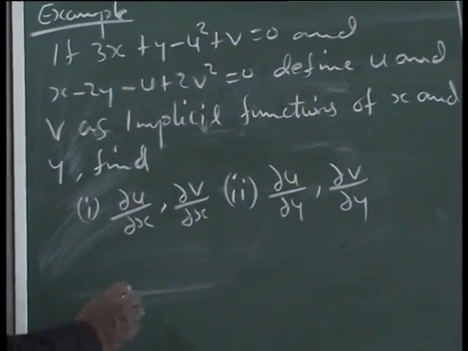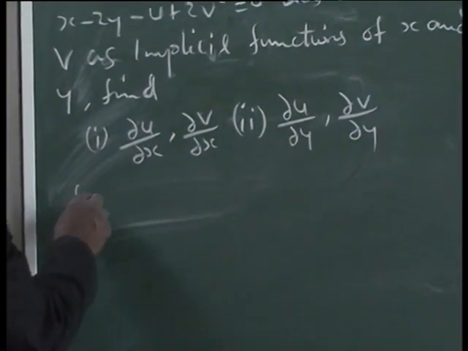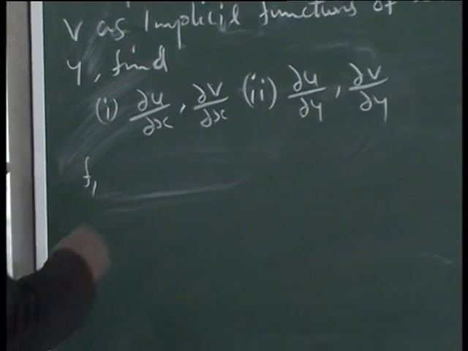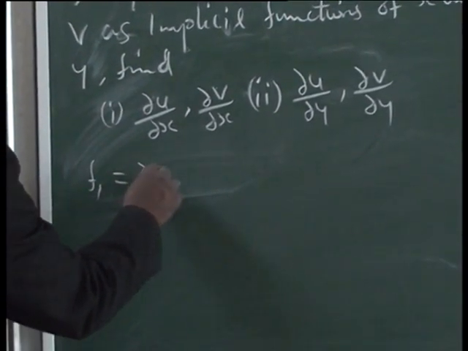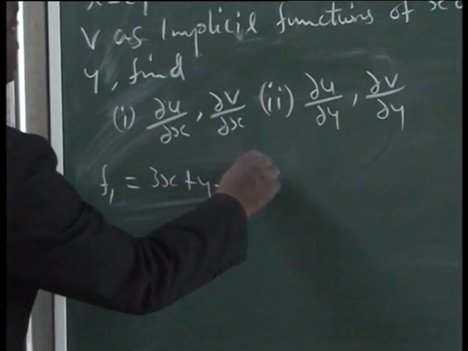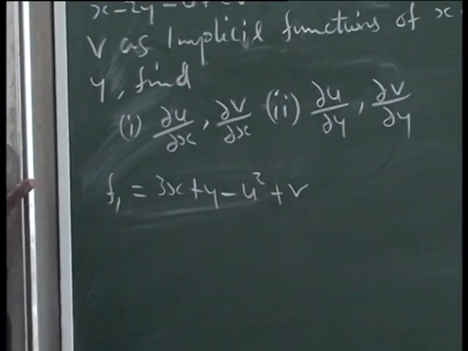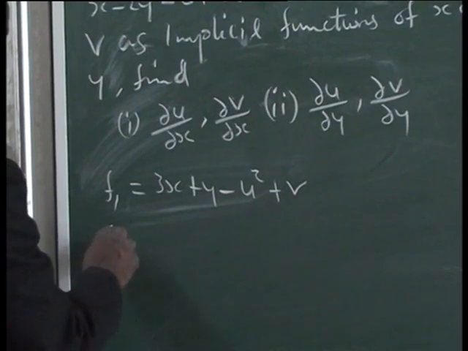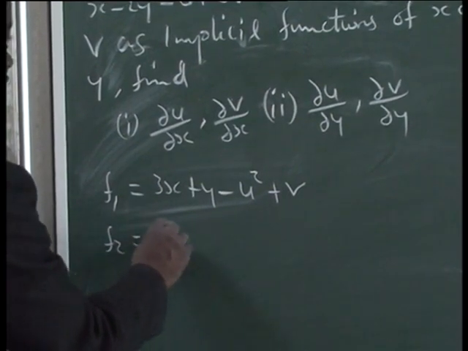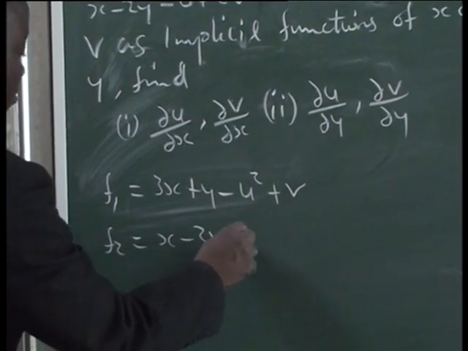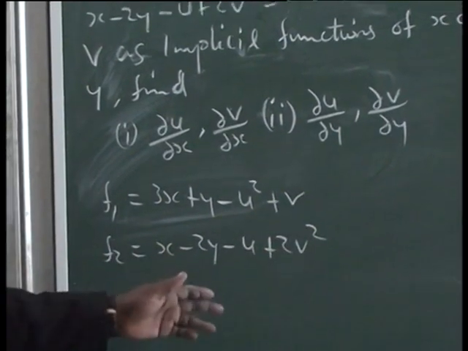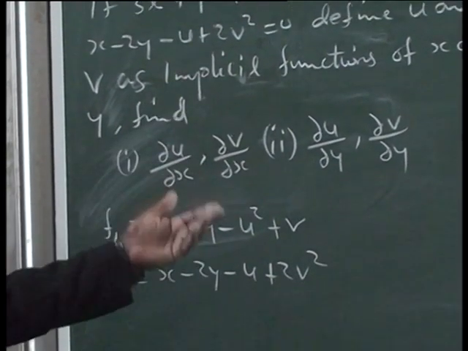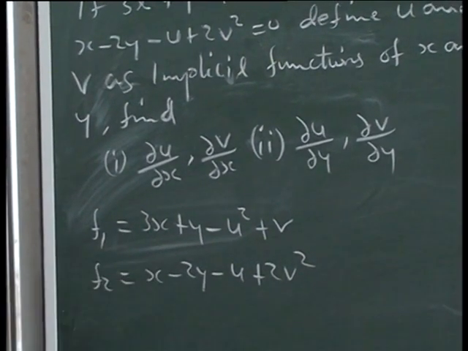Now see what we do. Now we know that f1 is equal to 3x plus y minus u squared plus v. Now f2 is x minus 2y minus u plus 2v squared. So you have two functions just as I showed you before.